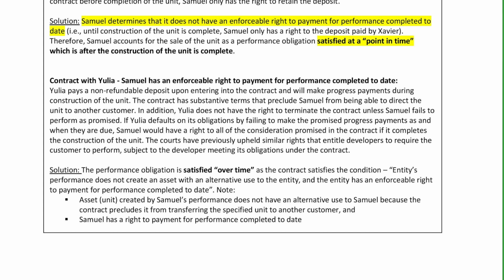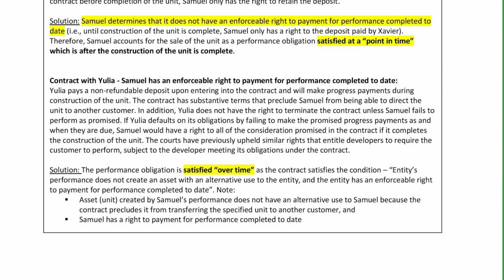Now, in this case, Samuel's performance obligation is satisfied over time, as the contract satisfies the condition: the entity's performance does not create an asset with an alternative use to the entity, and the entity has an enforceable right to payment for the performance completed to date.